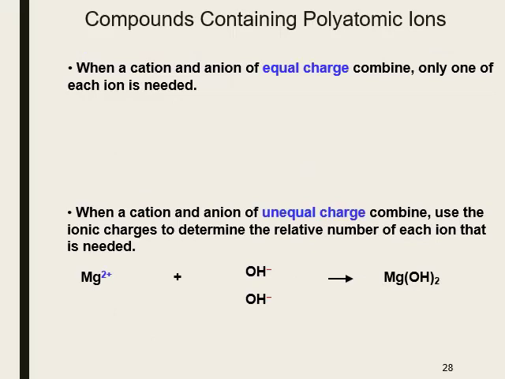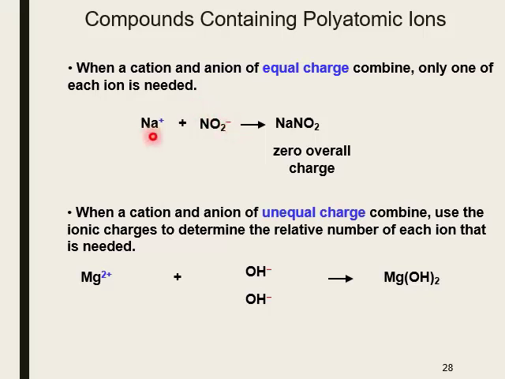Let's learn how to write the formulas and names of ionic compounds which contain polyatomic ions. Let's first discuss how to write the formula. The basic principle of writing the formula is exactly the same as what we learned previously in case of monatomic ions. In compounds containing polyatomic ions, the principle of balancing the charge is still followed.